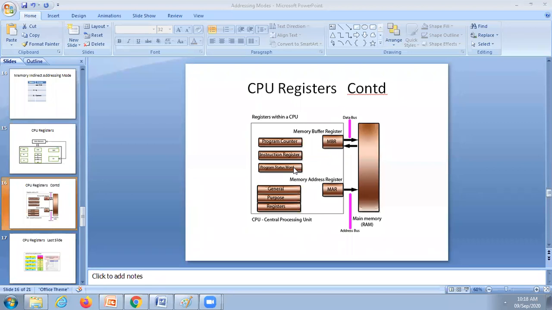Status of the program means if you add the numbers, whether you got the carry or not, that status will be stored here. Whether the result is 0 or not, that is also stored in this register. If there is an overflow, that is also stored in this register.